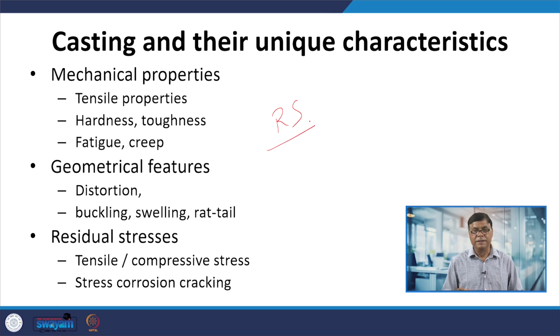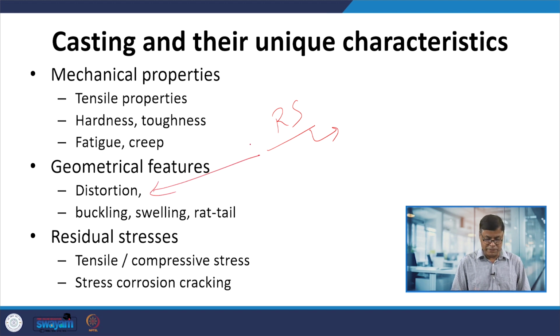These residual stresses especially lead to a change in the geometry and shape of the cast components, which may go beyond the acceptance limit, and that eventually will lead to rejection. Similarly, you see the distortion being caused by the residual stresses, but other geometrical defects may arise due to poor procedure followed during the casting, like buckling, meaning the expansion of the mold due to the excessive molten metallostatic pressure or poor mold strength, swelling is the same, and the red tell.